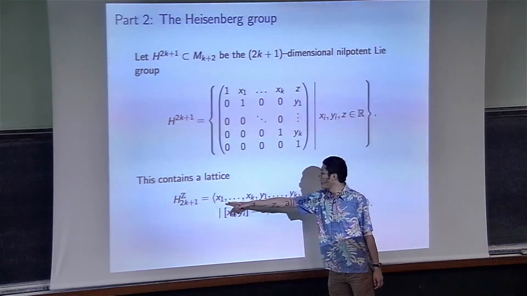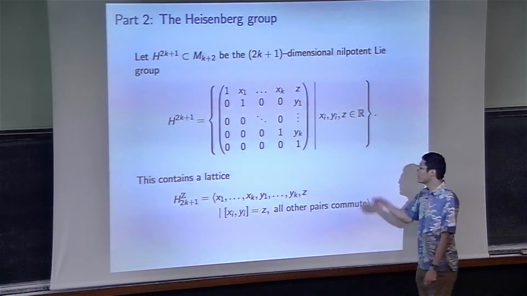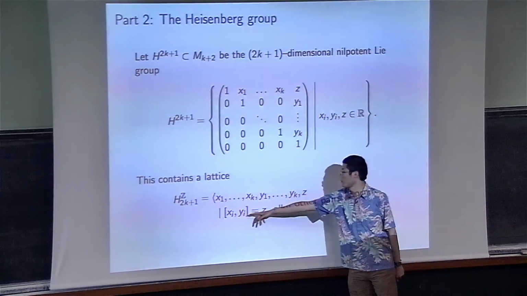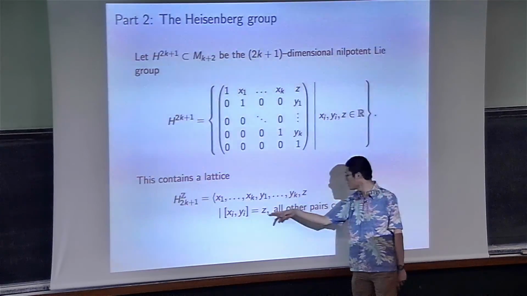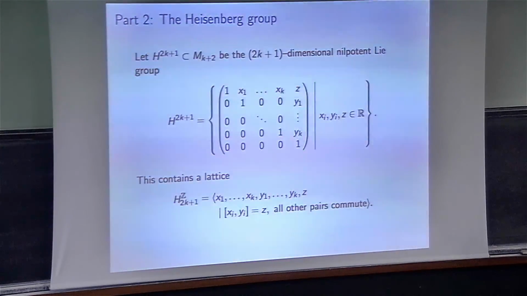And so you have 2k+1 generators corresponding to these 2k+1 coefficients, and you can check, just by doing some matrix multiplication, that these satisfy the following relations: if you take the commutator of x_i and y_i, you get z. And if you take the commutator of any other two generators, you get 0.